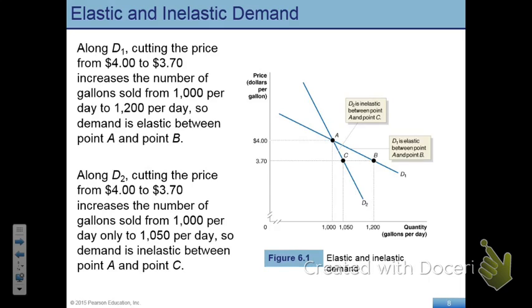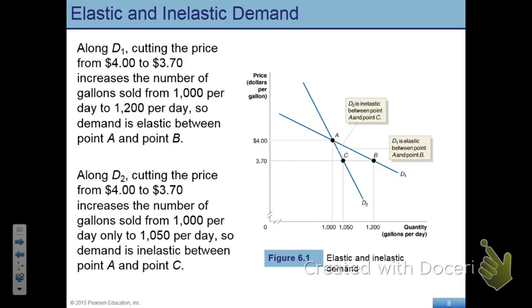It is a flatter demand curve where, for the same given price change from $4 to $3.70, the change in quantity demanded under D1 is larger. When you go from A to B, the change in quantity demanded is larger. So that was the interpretation of demand 1 being a more elastic, flatter demand curve. Compared to D1, D2 is steeper.